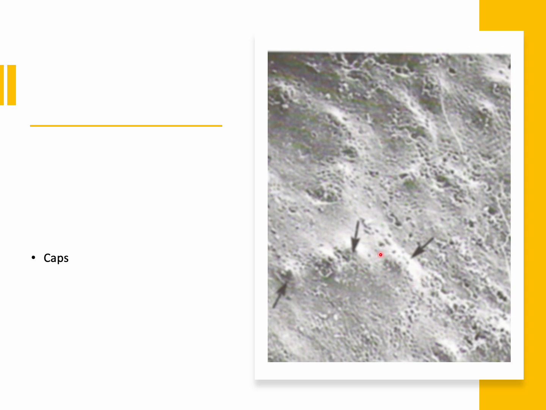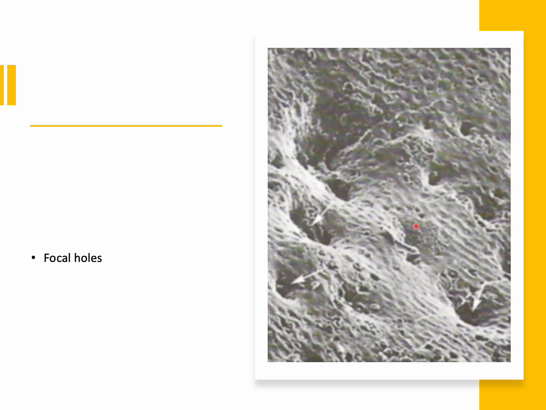These are small shells of enamel covering some kinds of debris, and with time the really thin layers of enamel covering the debris are dissolved, and the debris goes out, leaving these round holes in the enamel called focal holes.